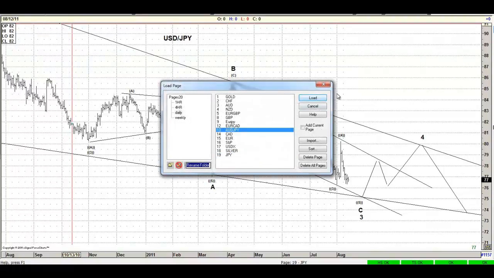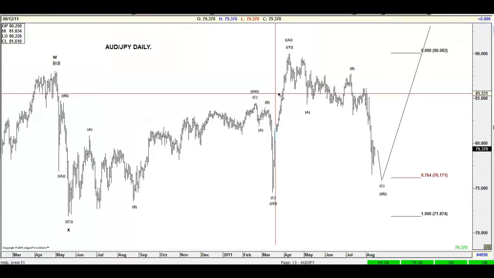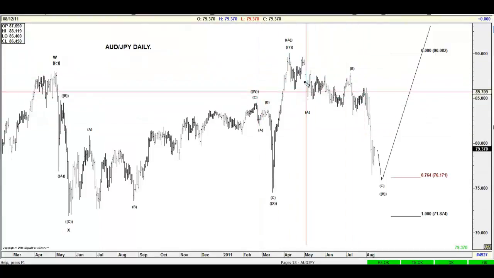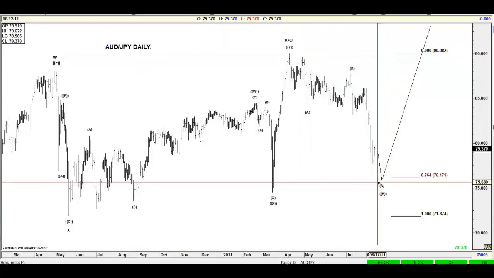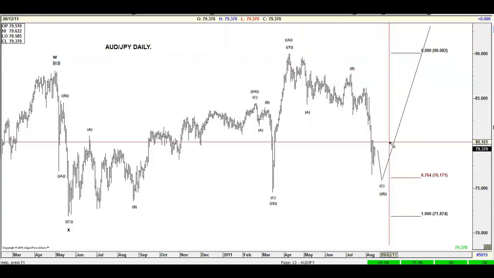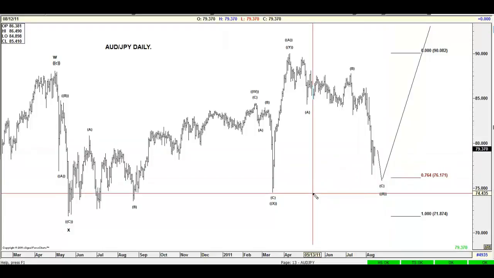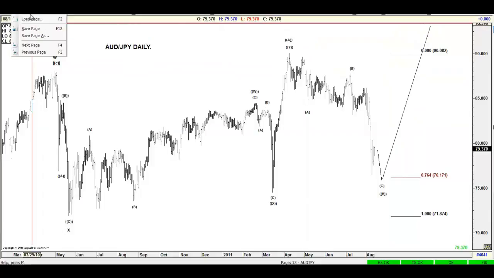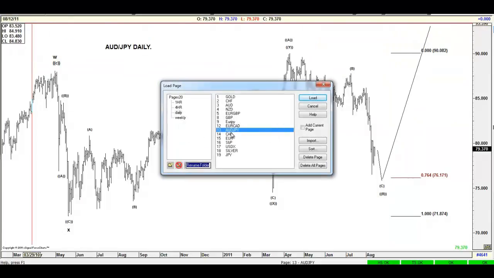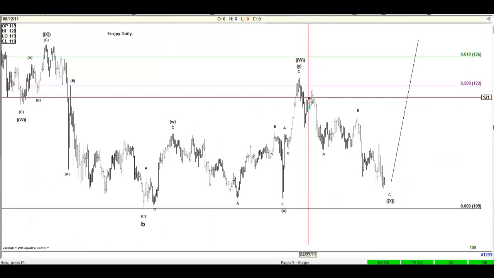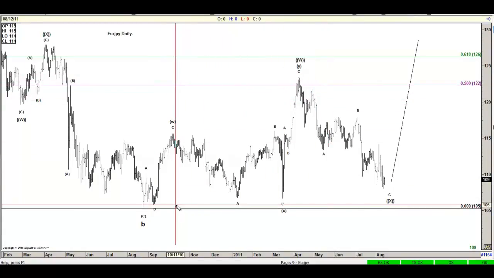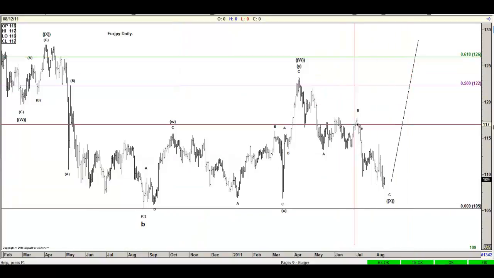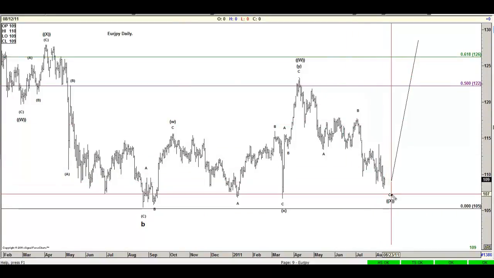We see Aussie yen ending also a 3-wave move from 90.08 that should end around 76.17, but should respect this 74.35 low before going higher. And then finally the euro yen should respect the low that it has around 106 before turning higher, but it is also possibly ending a cycle.